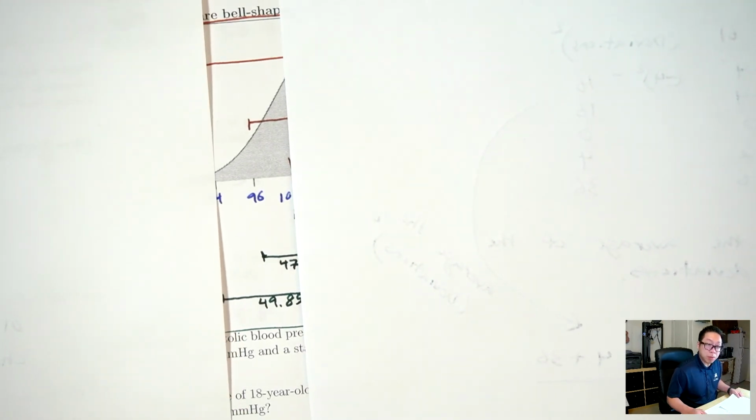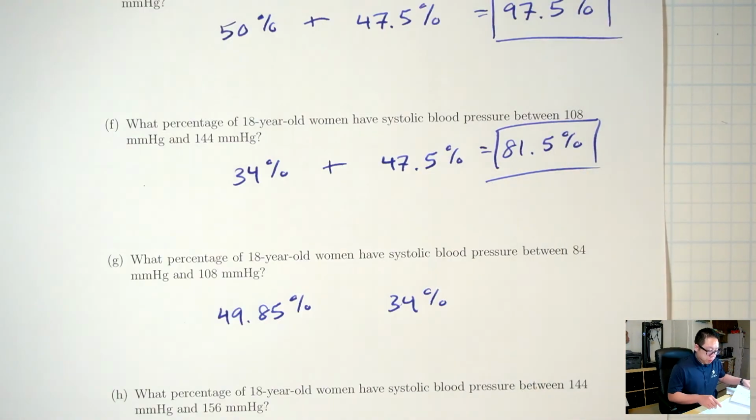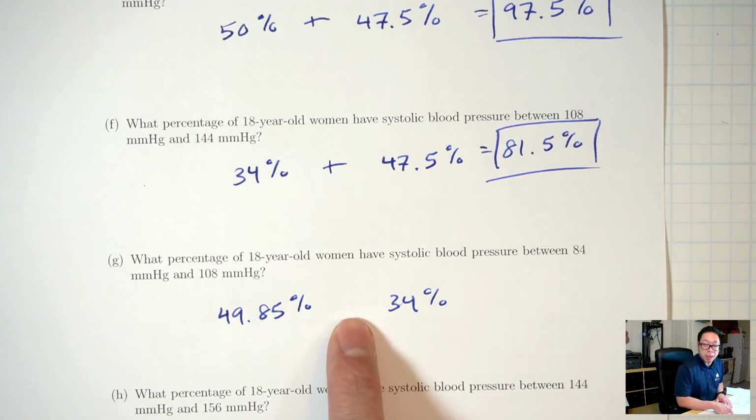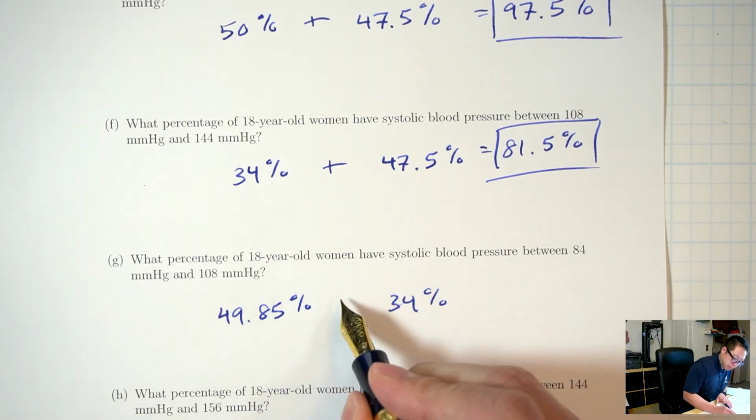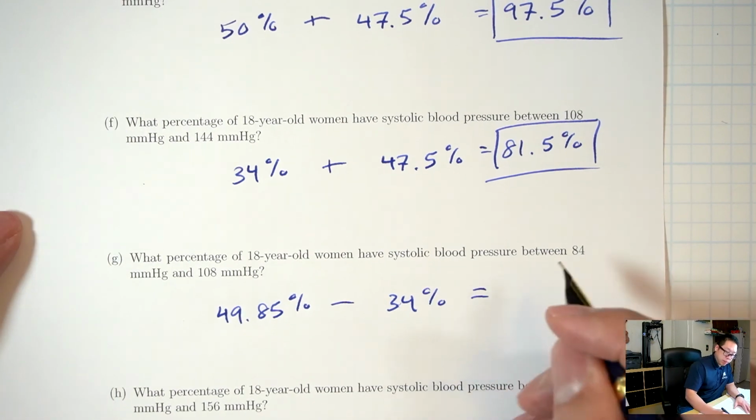If I added, I'd get like 80% or more, so I definitely should not add, but subtract. So 49.85 minus 34 is 15.85.